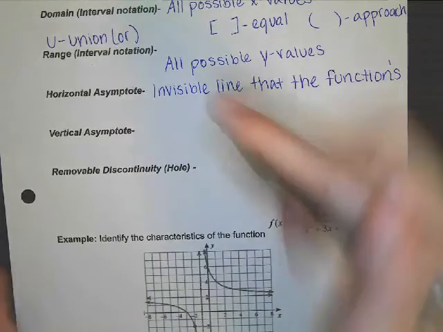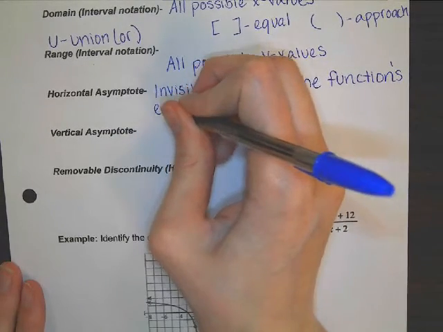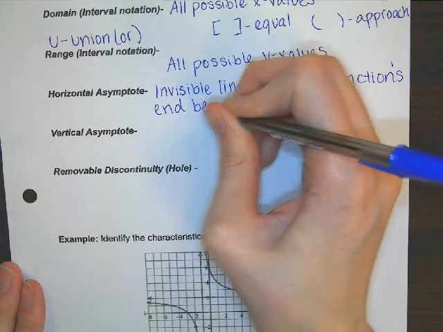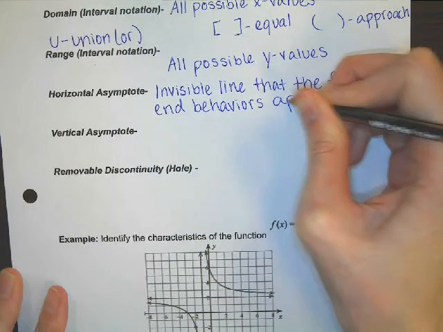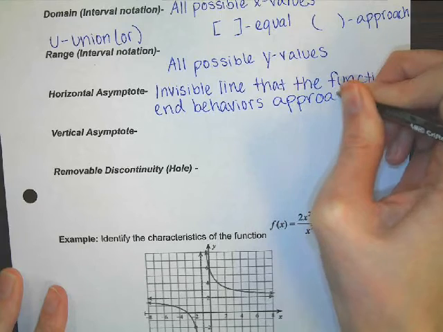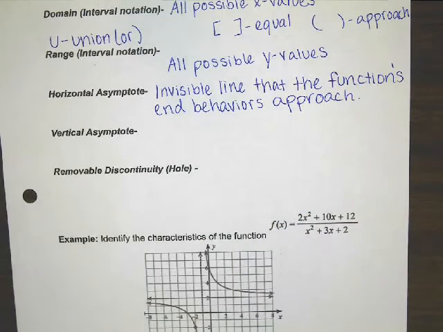So horizontal asymptote, invisible line that the function's behaviors approach.